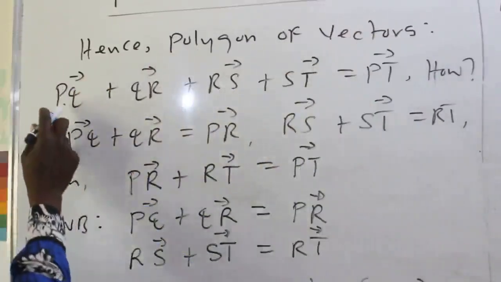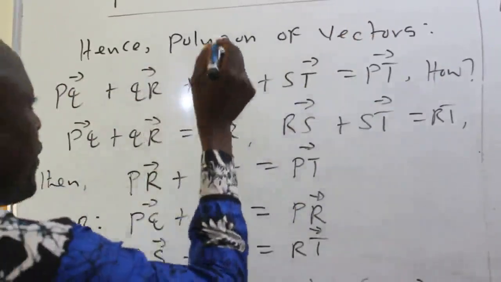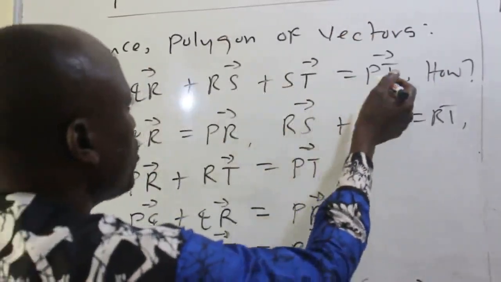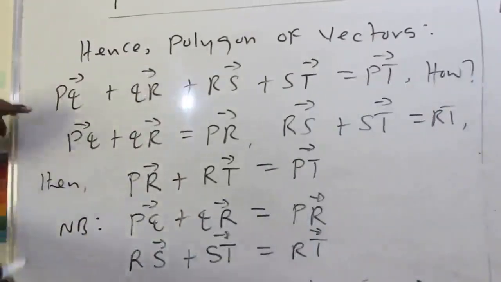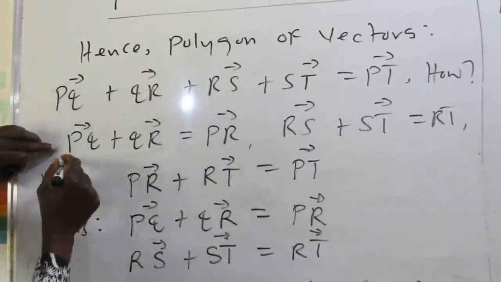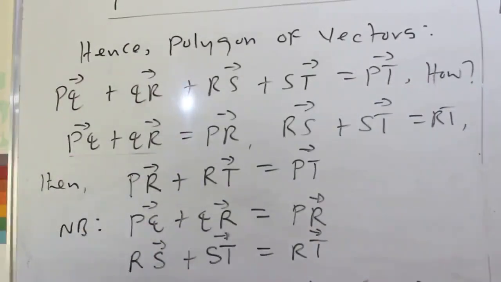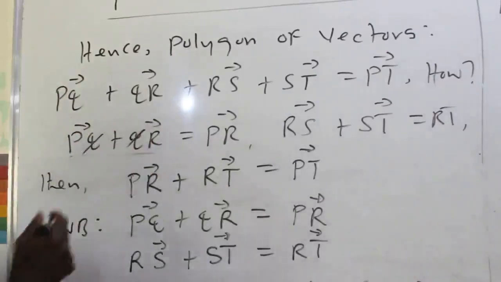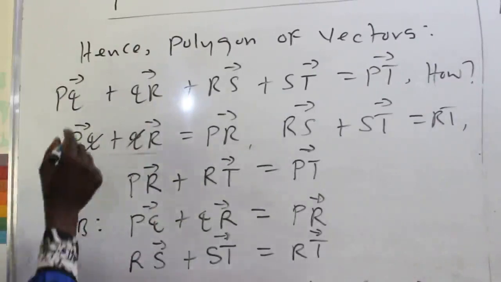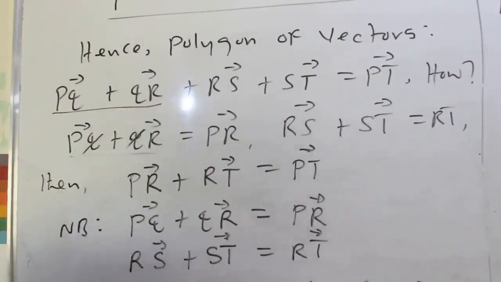We have vector PQ plus vector QR plus vector RS plus vector ST equals vector PT. How? If you look at it, this is PQ plus QR, which gives PR. Q can cancel Q. You are left with PR. Then RS plus ST, you have like terms there.